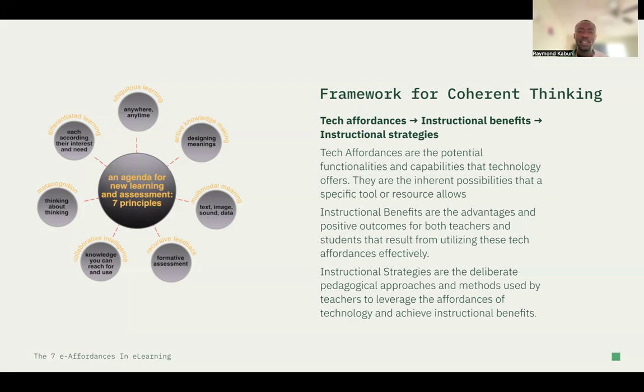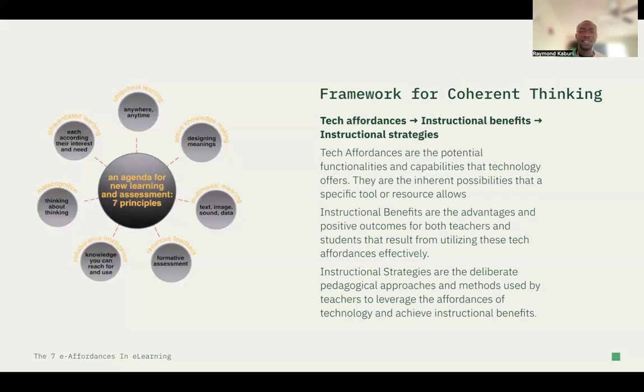Number one, we need to consider the tech affordances. Number two, the instructional benefits of that technology. And the third, or last, thing we need to consider is the instructional strategies that can be merged into this technology to make sure we achieve our end goal.